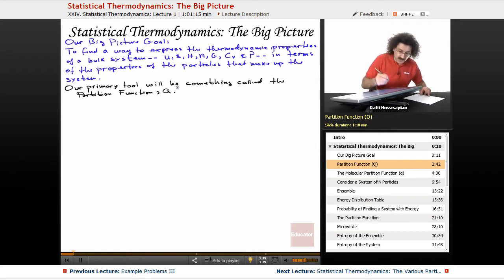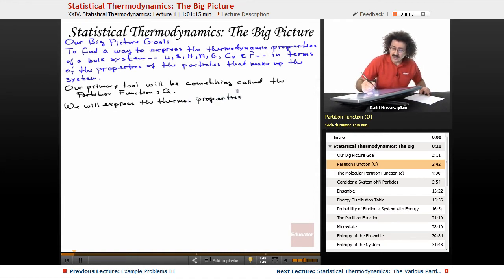What we're going to do is express the thermodynamic properties, the ones that I listed above, in terms of this capital Q, the partition function.